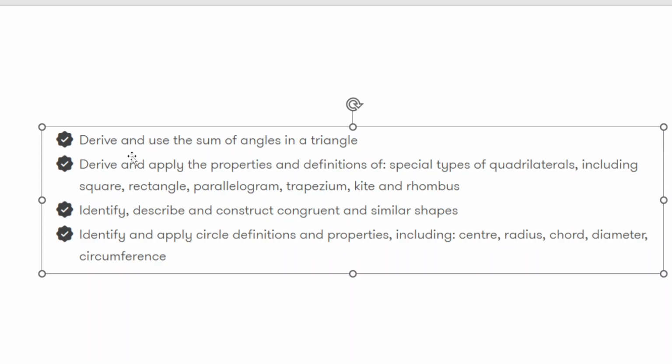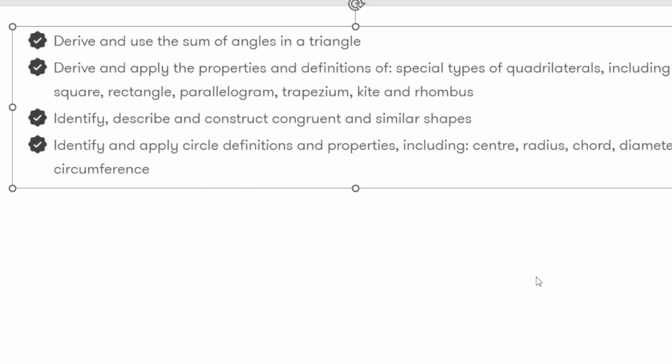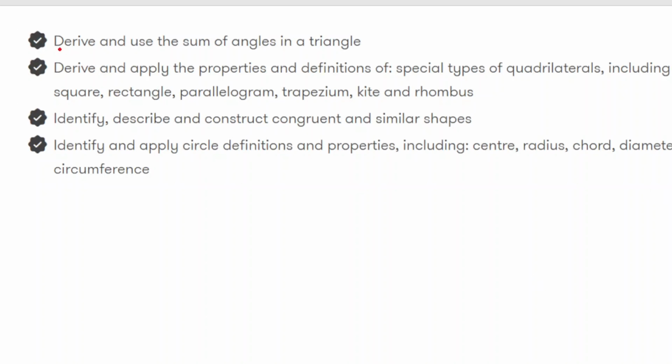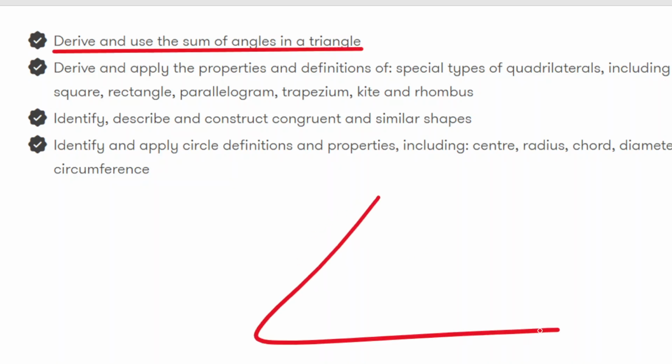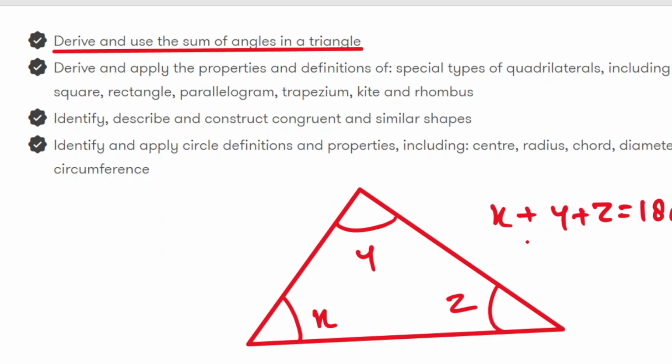And here we go. Derive and use the sum of angles in a triangle. This one, x, y, z, addition of them is 180. We know this, but how can we derive it?